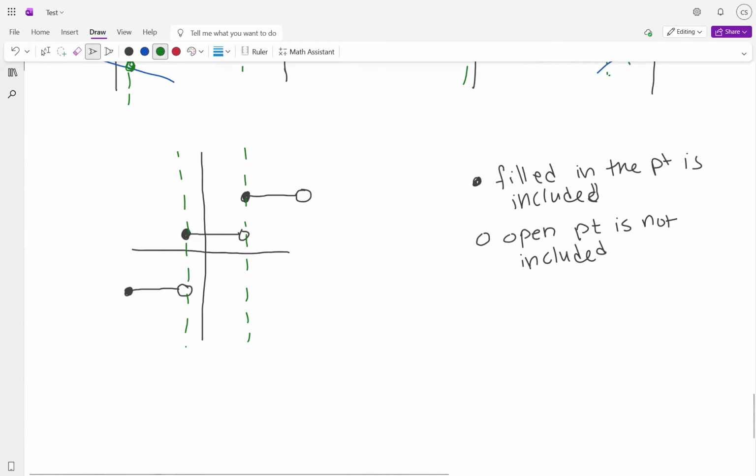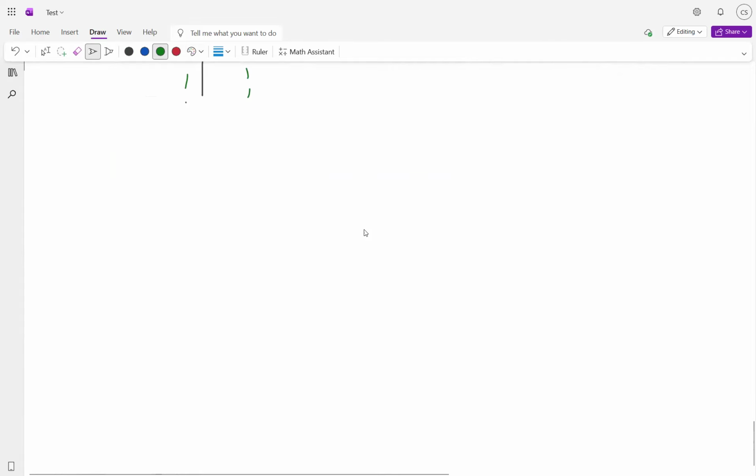So this one is a function because at the two kind of trouble points, because everything else is just a little line, so any other vertical lines are fine. But here, these kind of tricky spots, since we removed the other bad point, we preserved being a function. If one of them had been filled in, then we would have had 2 points and it would not have been a function. So this one's okay versus, come on, scroll, there we go.